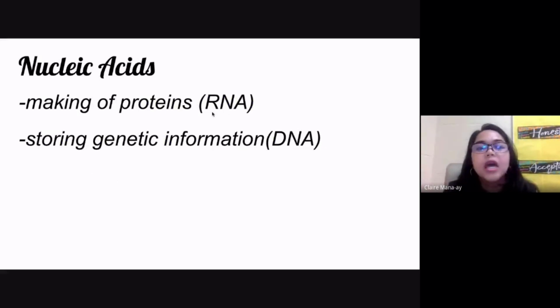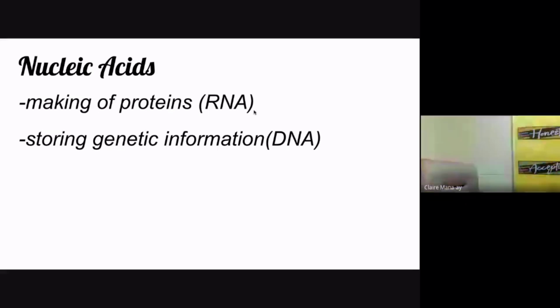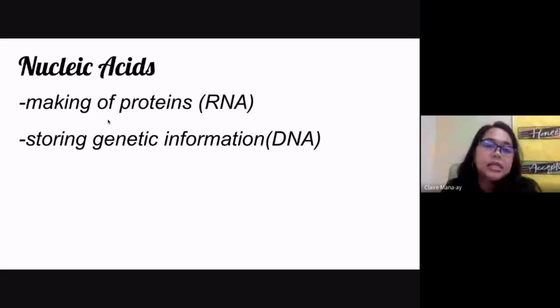If it is RNA, the function is in the making of proteins, okay? So RNA makes proteins, it synthesizes proteins. But when you say DNA here, it stores genetic information, okay? So your DNA, deoxyribonucleic acid, that's the complete name for DNA.